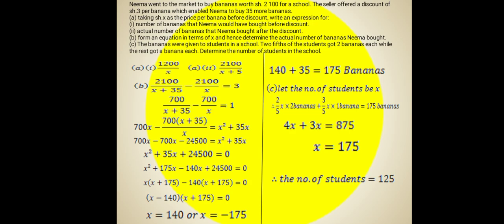Part B, the actual number of bananas that Neema bought after discount. The actual number is 2,100 all over X plus 35. Part B, form an equation in terms of X and then determine the actual number of bananas Neema bought. So the equation will be 2,100 all over X plus 35 minus 2,100 all over X is equal to 3.